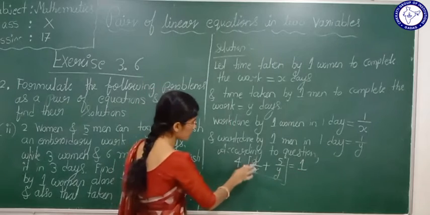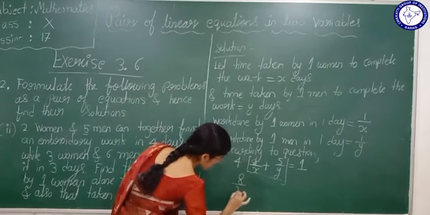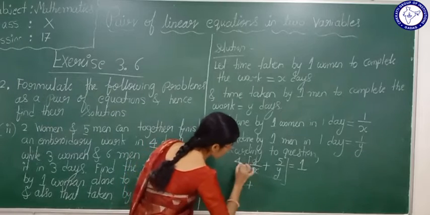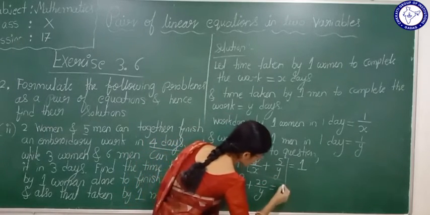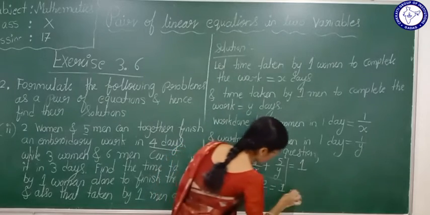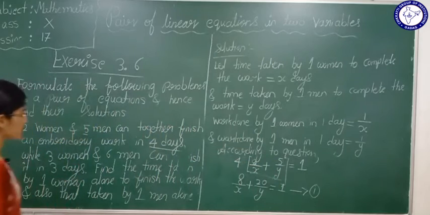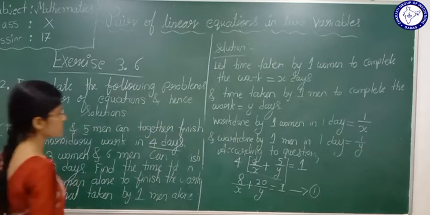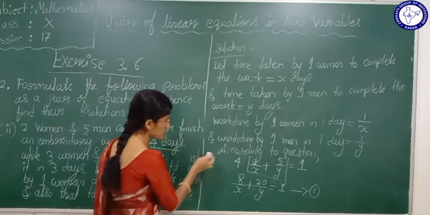Now we will simplify this. 4 2s are 8 by x plus 4 5s are 20 by y is equal to 1. Call this equation number 1. This is the first condition.